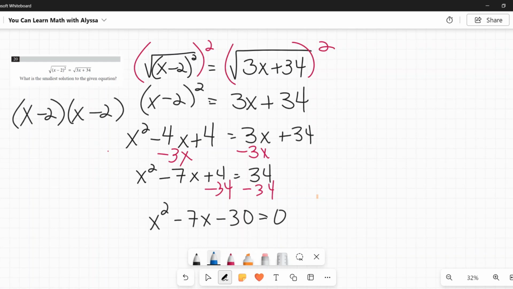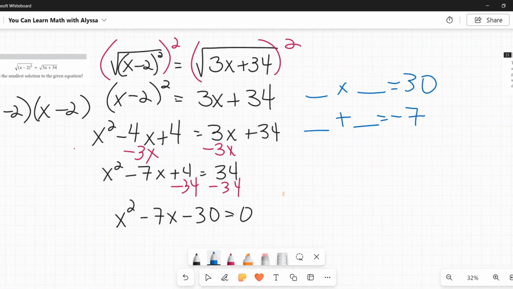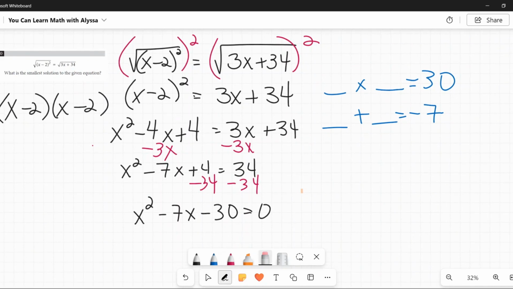So here we have negative 30, and we're trying to figure out what numbers would multiply to negative 30 but add to negative 7. What are my factors of negative 30?